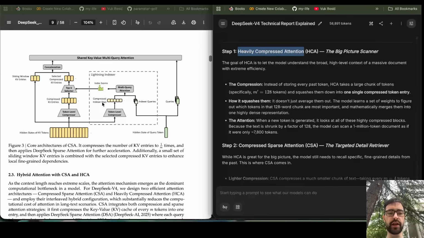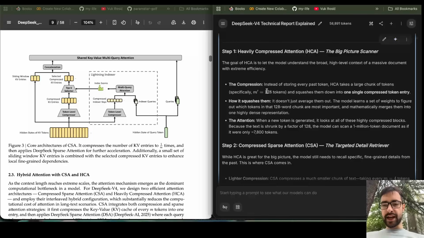The goal here is to make the model understand a huge document, the general ideas, not the details. It's going to take 128 tokens and squash them down to a single compressed token. But it doesn't just average them.